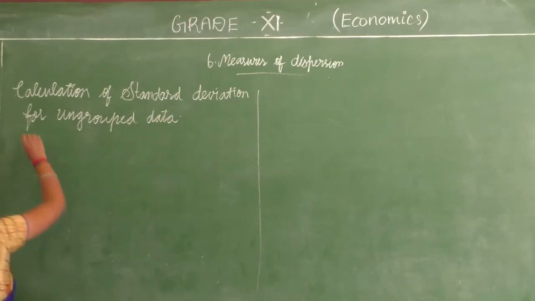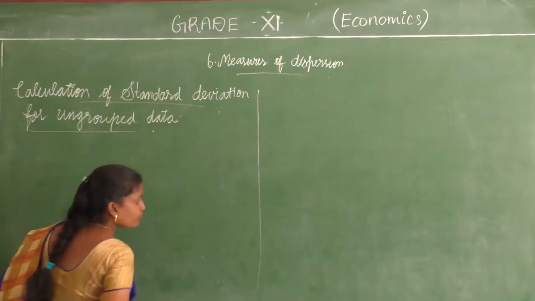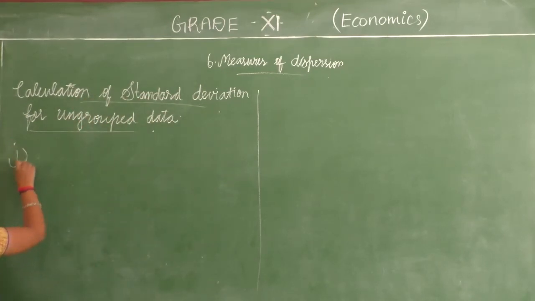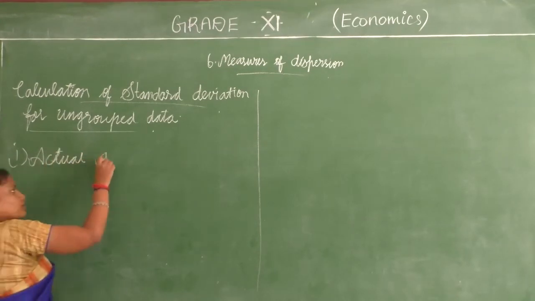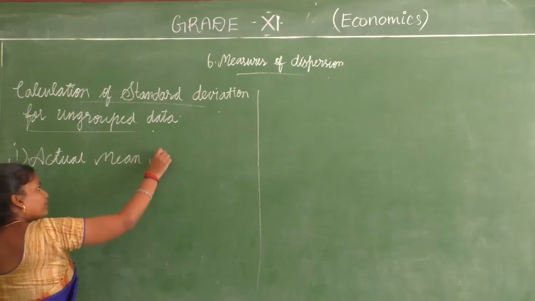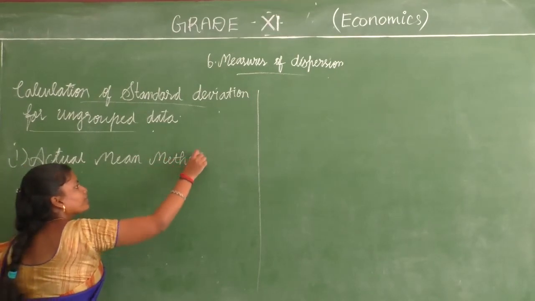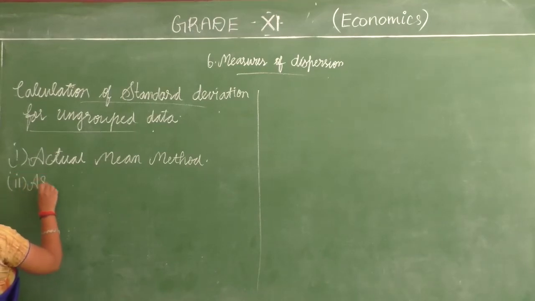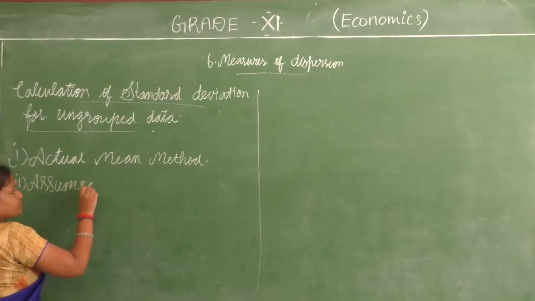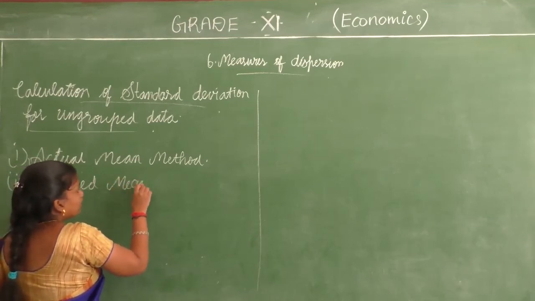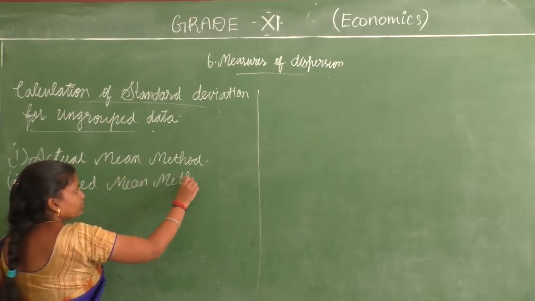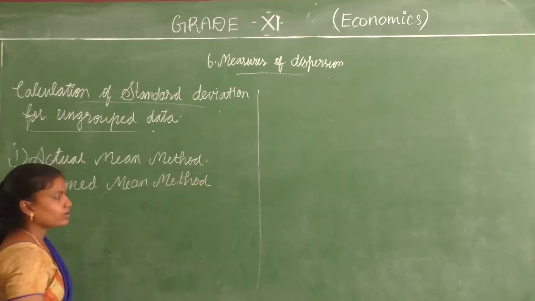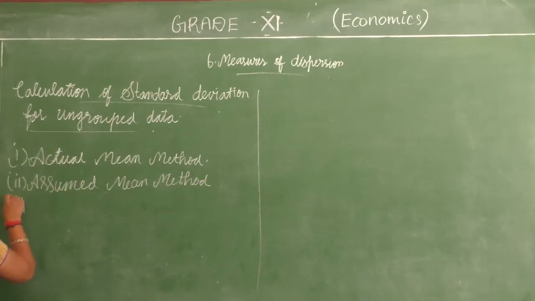Right children? And what are the methods that we have? We have the actual mean method. We have the assumed mean method. Then we have the direct method.